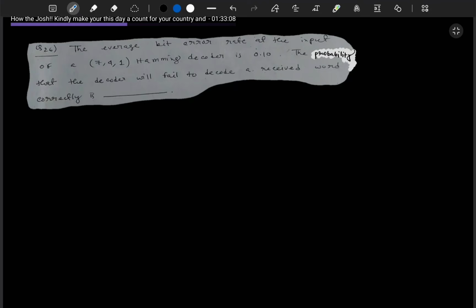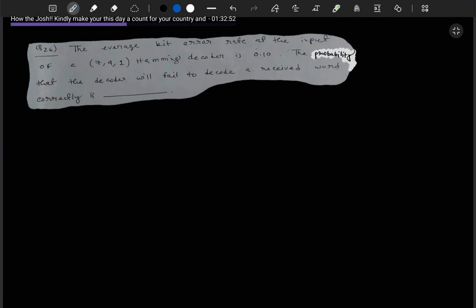The average bit error rate at the input of that Hamming code decoder is 0.10.